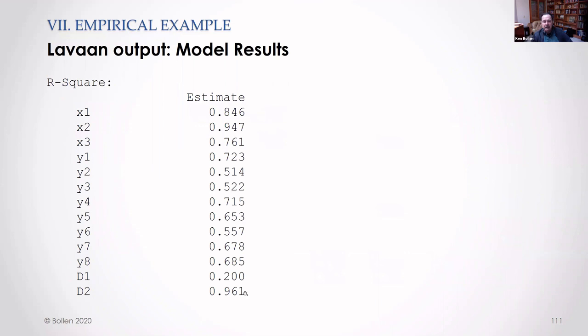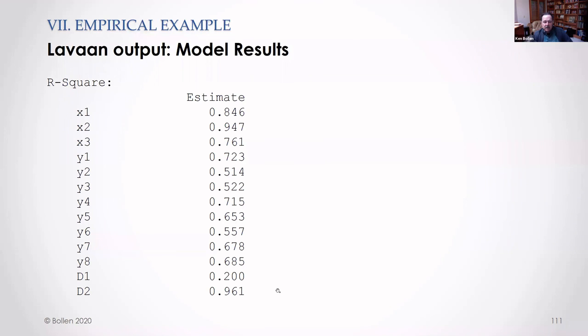And here are R squares. You get a series of R squares for this. So you get R squares for the measures. What this X1 is saying is that 85% of its variance is explained by the latent industrialization variable. And this one's saying that 95% of X2's variance is explained by the latent industrialization variable.